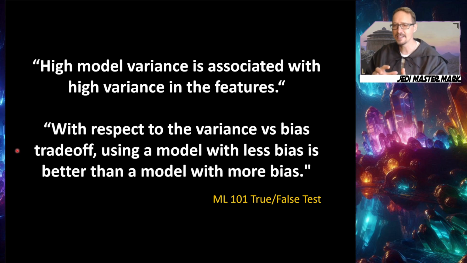Just because it can have a very low bias does not necessarily mean that you have a better model. In some cases, you can have a model that very accurately captures the training data, but then you feed it new test data, and it does very poorly. This is what's called overfitting, and we'll talk a little bit about that here as well.